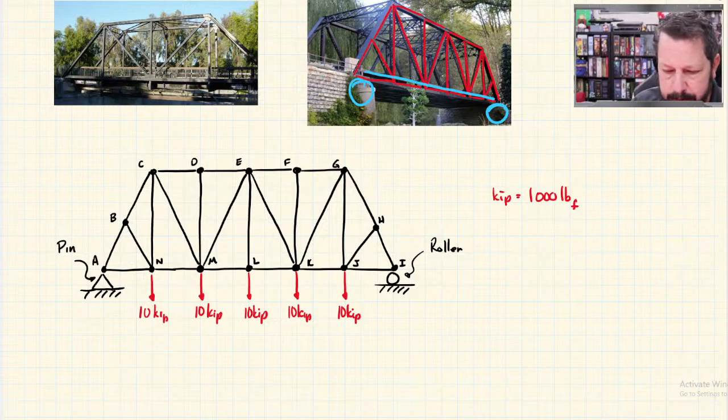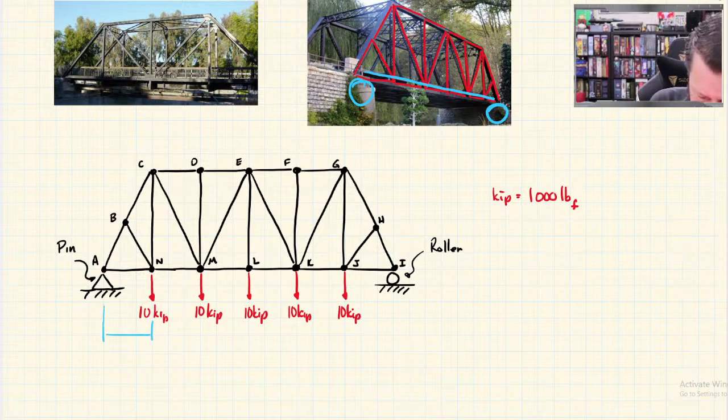Let's just say that this whole thing is 40 foot wide. Let's make each of these 30 feet. So each block will be 10 feet basically. I don't know if that's realistic or not, but that's what we're going to use. It's not completely unrealistic, so that'll work.